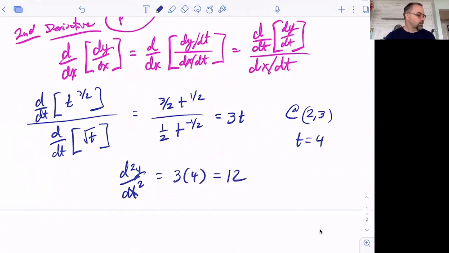So we can conclude that the graph is increasing and concave upward at the point 2, 3. And so when you're working in parametrics, that's how you handle first, second, third derivative, very similar. It's the derivative of the second derivative with respect to x. And so obviously you would take the derivative of the second derivative with respect to time over dx dt. Follow along the same kind of idea.